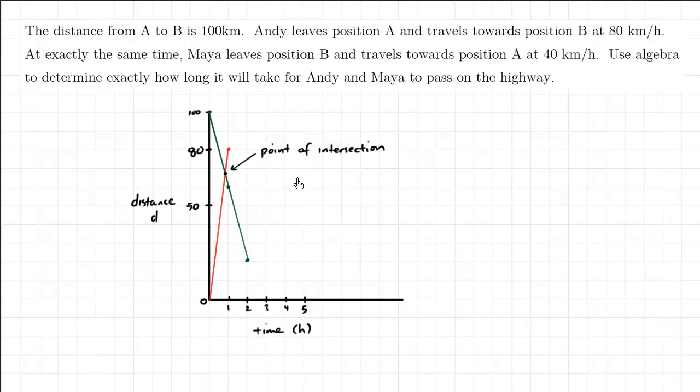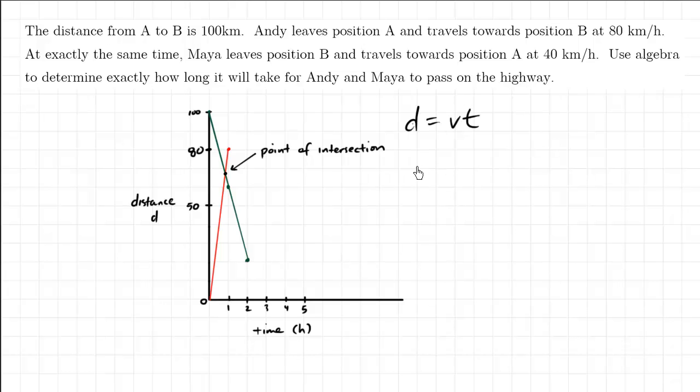So it's nice to estimate using drawing a picture, and it's nice to see exactly what kind of lines we're dealing with. However, using algebra, we know that the equation distance equals velocity times time is the key, where d is our y value, and t is our x value, and v is the slope.